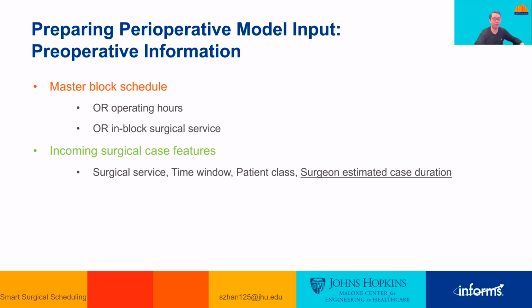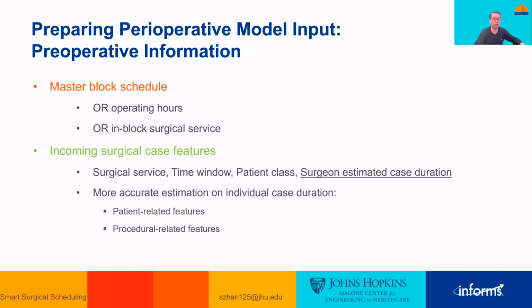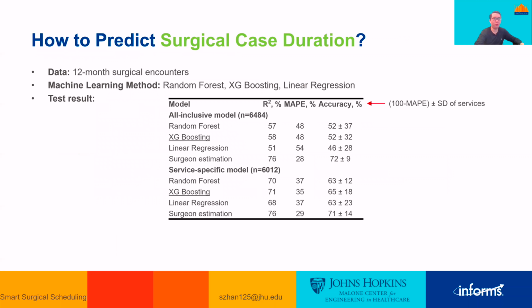One thing we observe from the data is that the surgeon's estimated case duration is usually not accurate, while this input is crucial to the OR scheduling model. So we are motivated to query more patient-related and procedure-related features and build a predictive model for this input. We trained the prediction model with 12 months of historical surgical encounters.